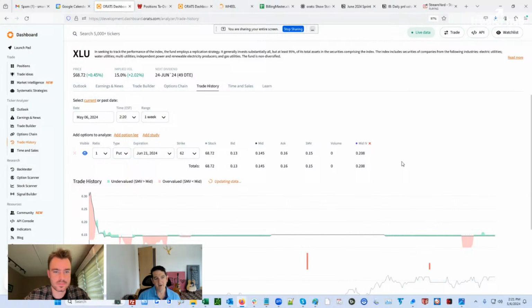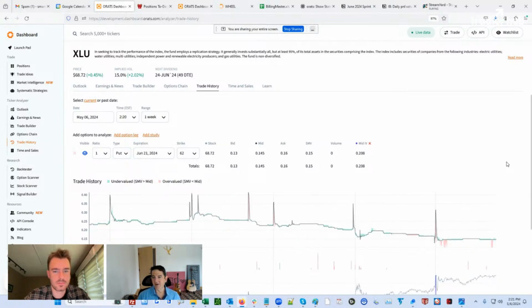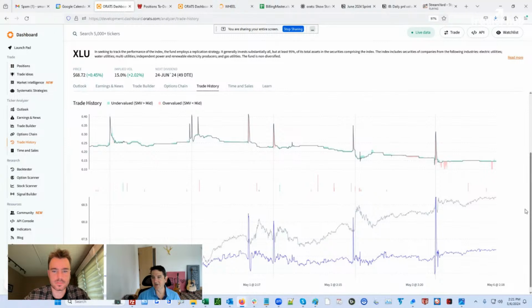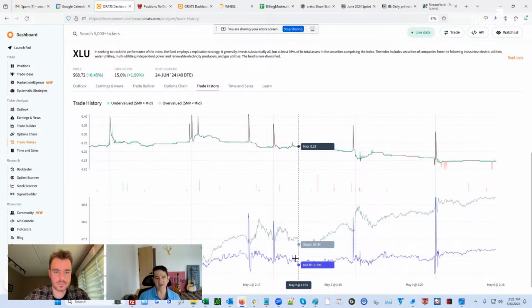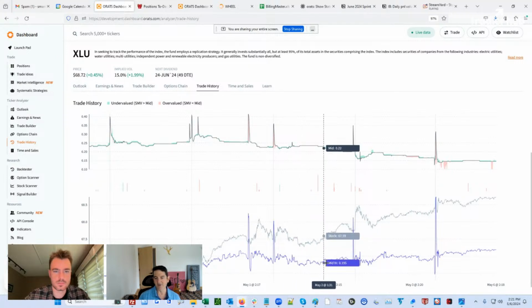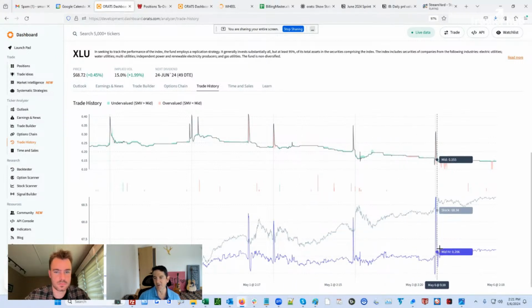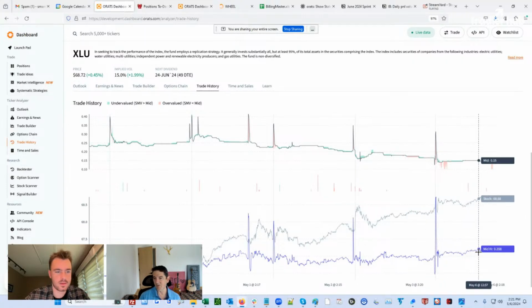This particular option, 15 cents, before it was 17 cents. So it's been gradually losing as the market grinds up. You can see the stock price in gray, and the implied volatility in blue. The blips are right at the close or right at the open when the markets go wide.